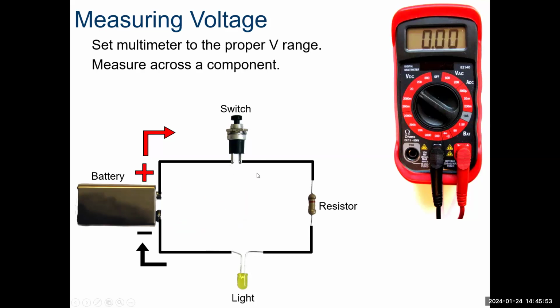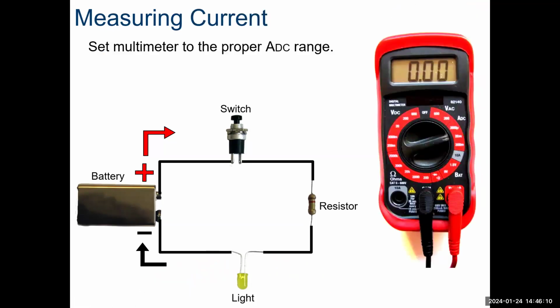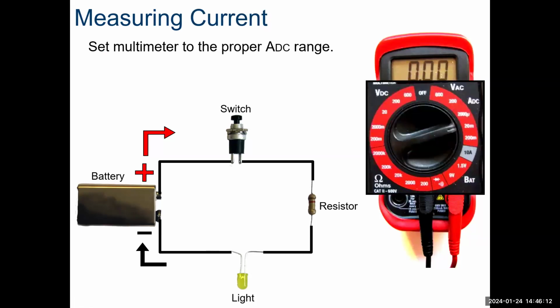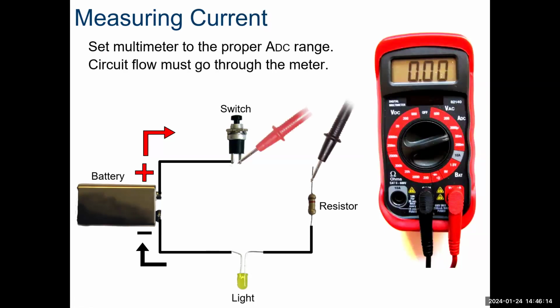So at certain spots, you can get different readings, right? So we can figure out what's going on with this voltage as it goes by a switch, a resistor, a light, and see what those changes are. You can also do it with current. So over here, it's going to read that current off the meter.